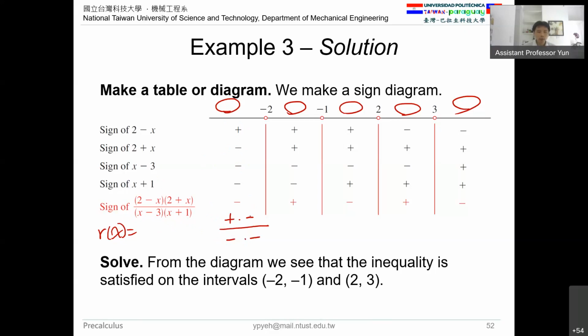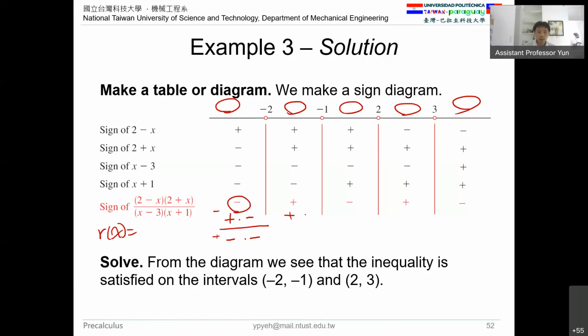Okay, so you can see positive times positive is positive, positive times negative is negative, right? And negative times negative is positive. But negative divided by positive here will be negative as well. So the last row in these regions will be negative, and the others are the same.